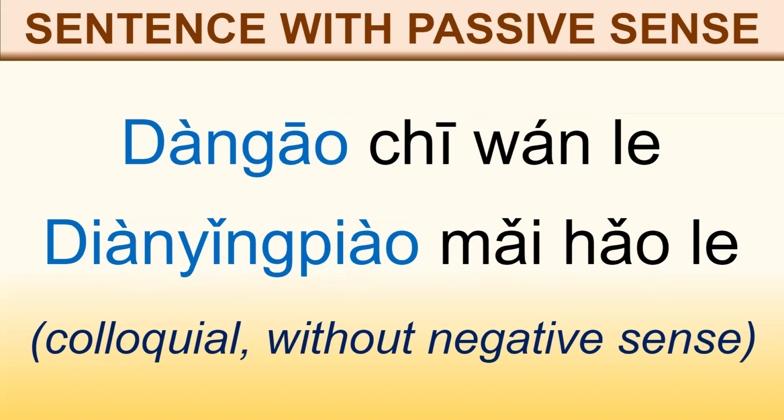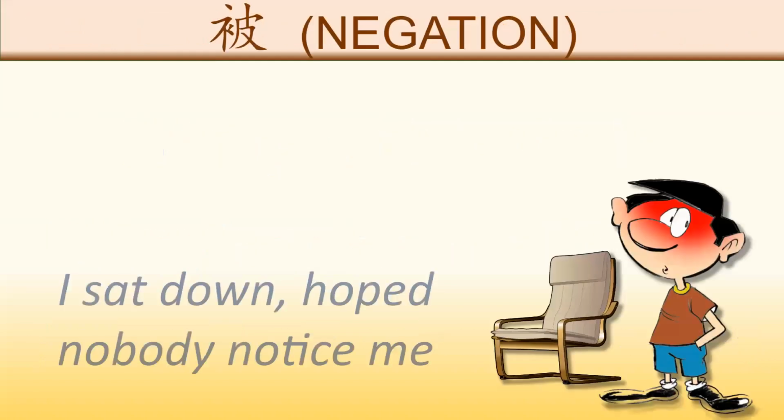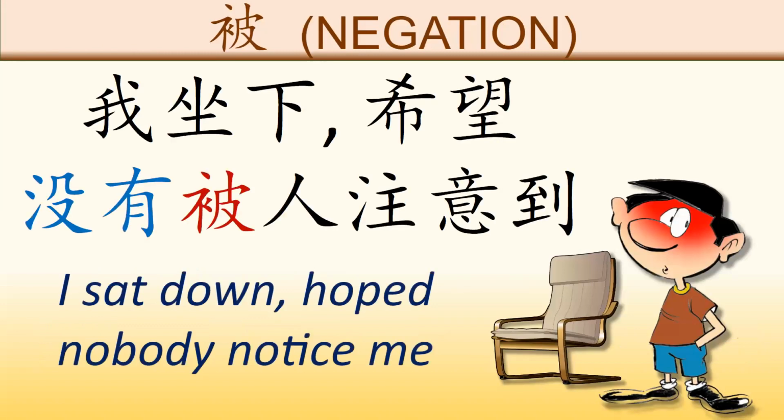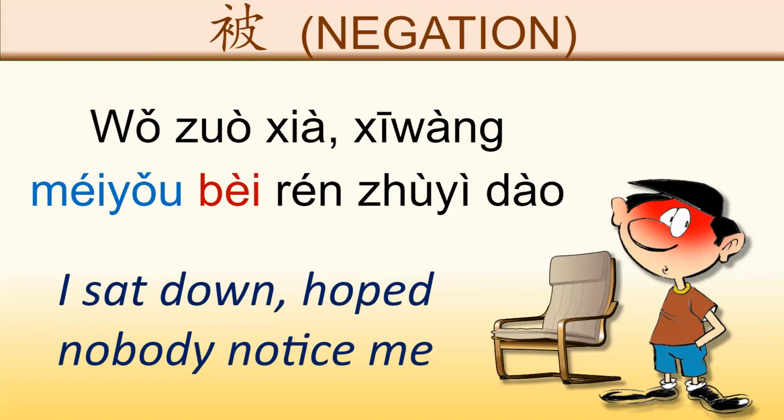The tickets were bought. How do we say the negative? Here we have an example. 我坐下，希望没有被人注意到. I sat down, hoped nobody noticed me. In this case, we are using the negative structure 没有.